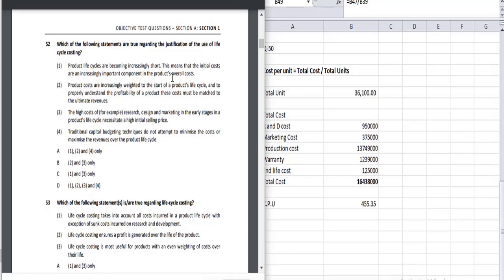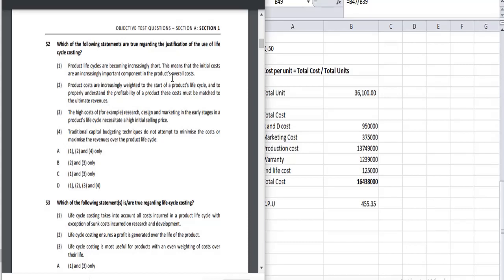So next is the statement: the high costs, for example research, design, marketing in the early stage of the product life cycle necessitate a high initial selling price. ऐसा कुछ हम लोग ने पढ़ा नहीं, but जो भी high cost incurred होने का मतलब नहीं कि हम लोग high price charge करेंगे, है ना. हम लोग जो भी cost incurred होता है, we can plan to minimize those costs, है कि नहीं, लाइफ साइकिल कॉस्टिंग के अकॉर्डिंग.